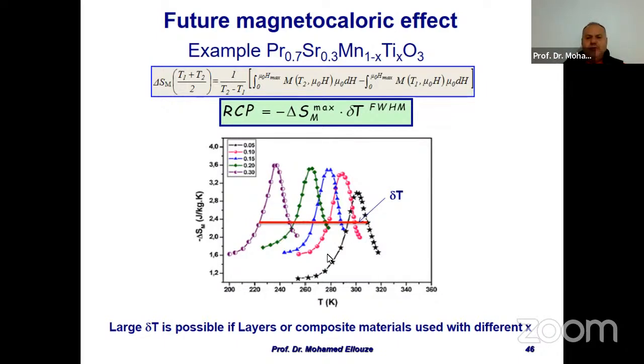So the future is how to increase the RCP using this formula and the variation of temperature. When we prepare samples with different values of X and different concentrations of substitution, we have different variations of entropy.